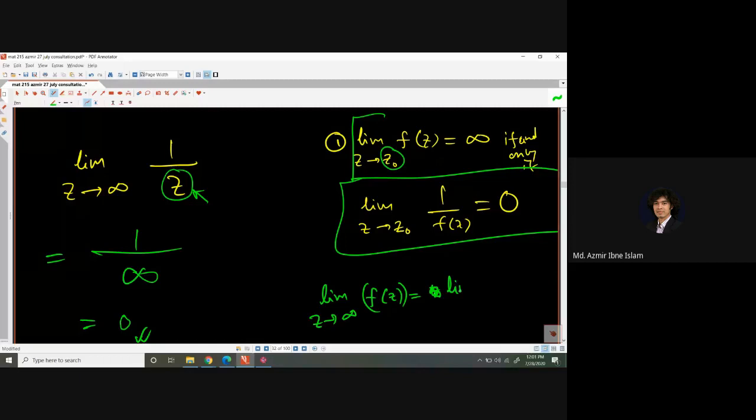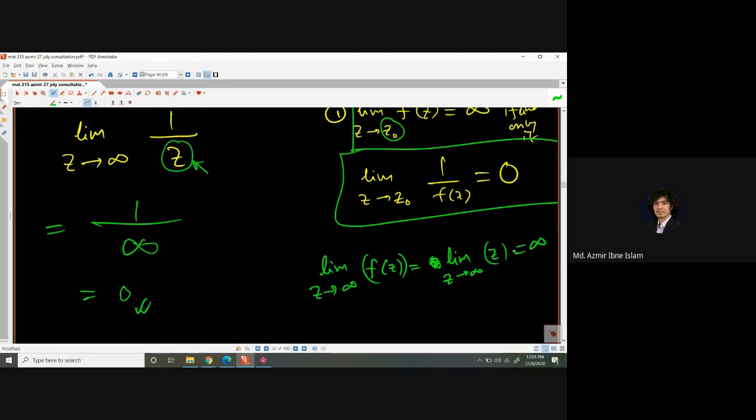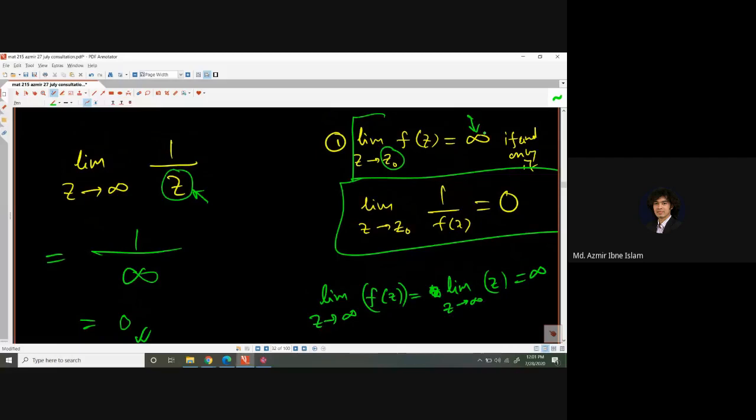So here we have limit z tends to infinity z. So obviously this will be infinity, right? Yes, sir. Now our target is to find the total part.